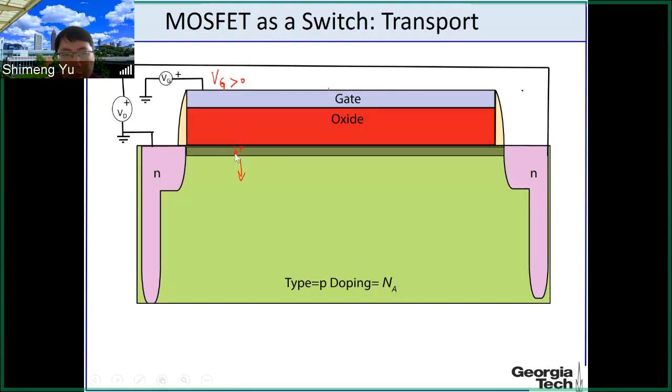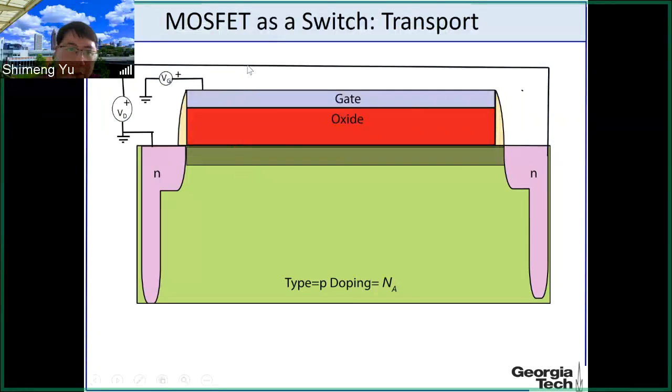After the holes are pushed away, this is a depletion of the P-type substrate to the surface. Then as we further increase the gate voltage, the depletion width will further increase. This is what we discussed in lecture 8.